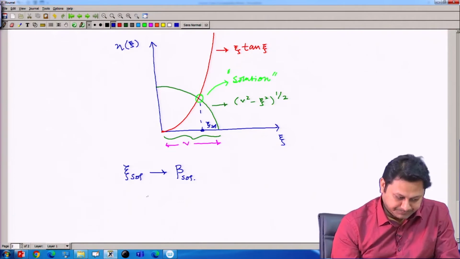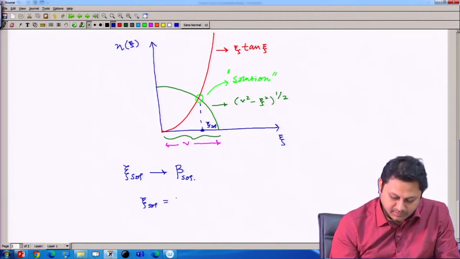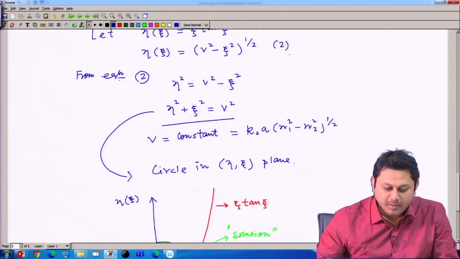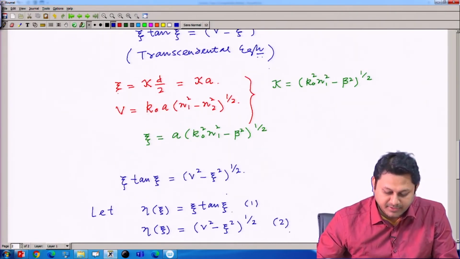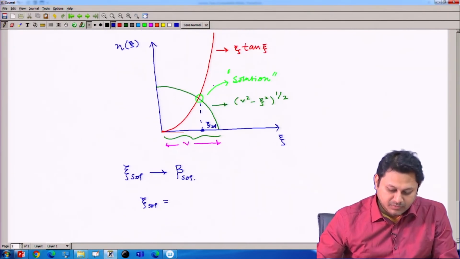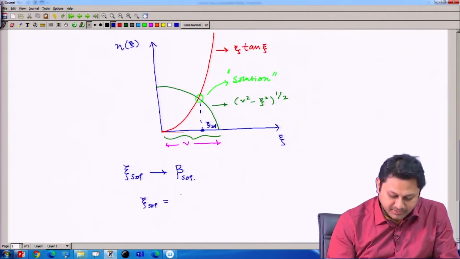What is xi? Xi solution is, I know what is xi, it is kappa multiplied by A, we already defined. Kappa is a variable here, so I should have some solution in terms of kappa. So, I write kappa sol into A, that quantity I can write in terms of beta.